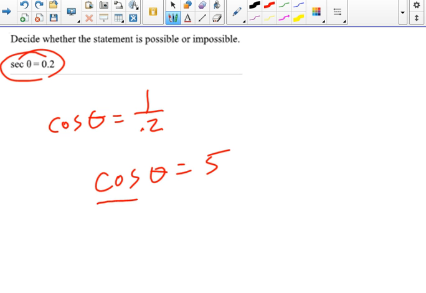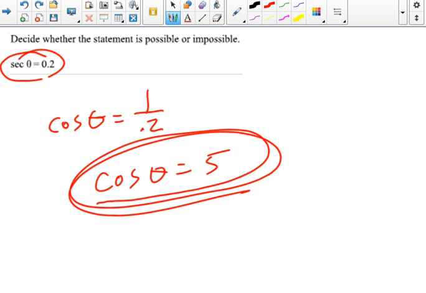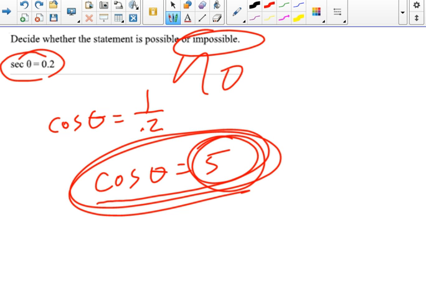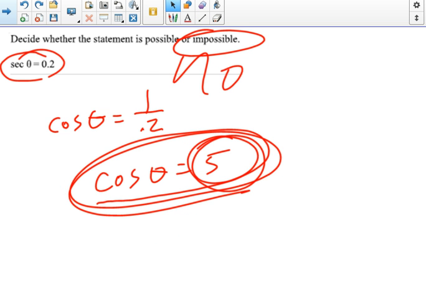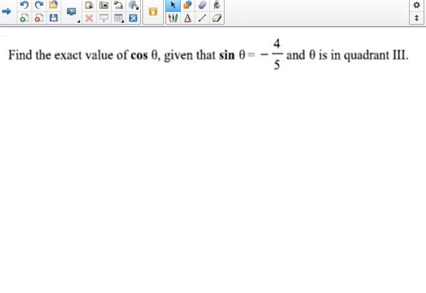But my understanding tells me that there's no way a cosine can ever come out to be bigger than 1. So this is impossible. If you memorize it, you would know that the secant and the cosecant can't be between -1 and +1. That's another way to look at it, but I can always reinvent the wheel if I have to.